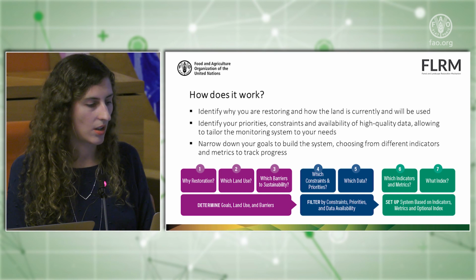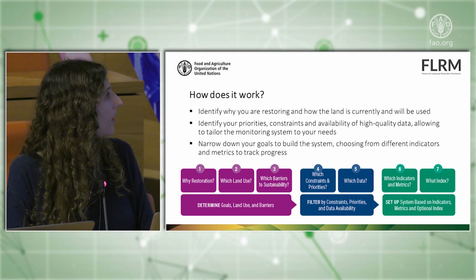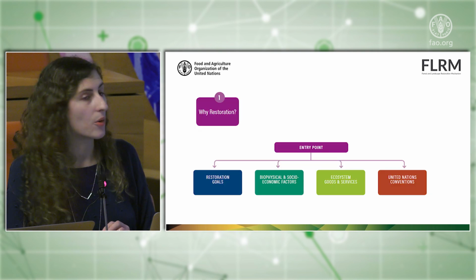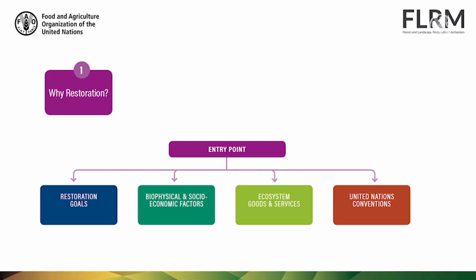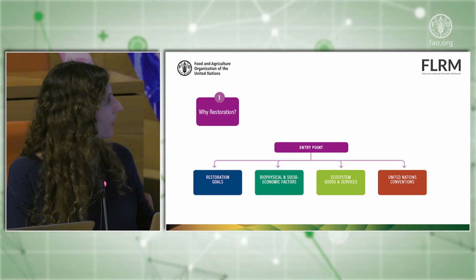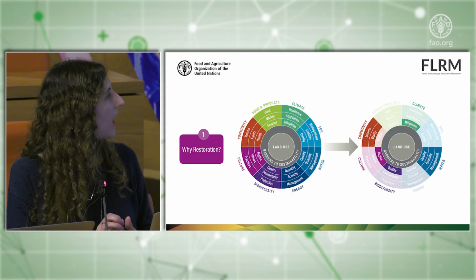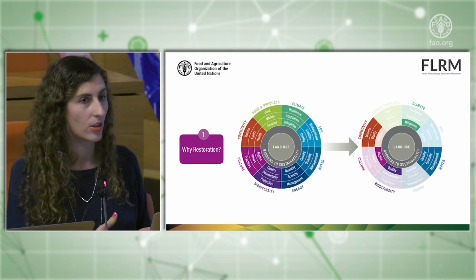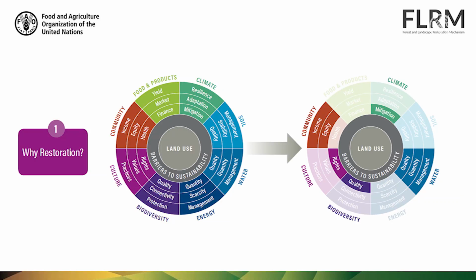So just going to the why restoration, which is identifying our goals, we have 4 different entry points in the guidance document, which are the restoration goals, biophysical and socioeconomic factors, ecosystem goods and services, and United Nations conventions. For example, if we go through the path of restoration goals, we will have what WRI have called the restoration wheel, where we can identify in the outer wheel the themes.